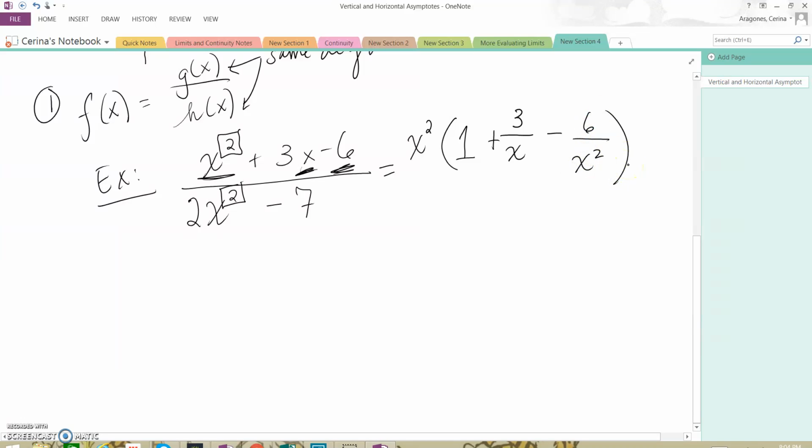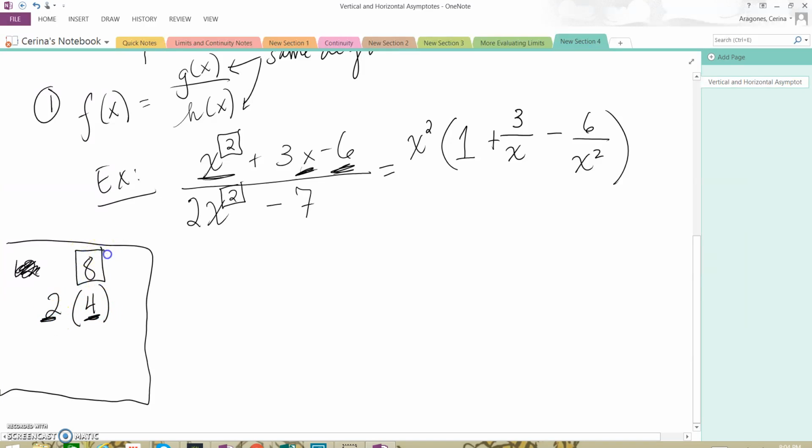If this is confusing, I just want to show you real quick. Let's say I'm factoring out a 2 from 8. I'm left with a 4, because when I multiply 2 and 4, I get 8. 2 and 4 are factors of it.